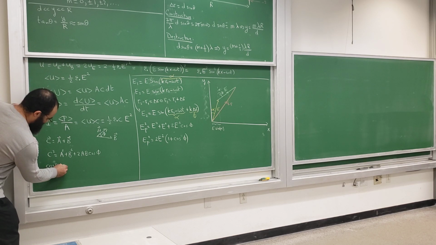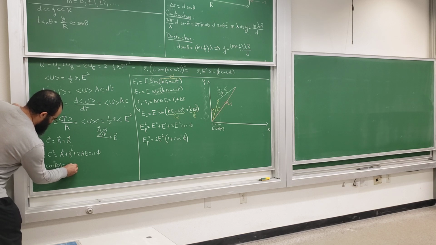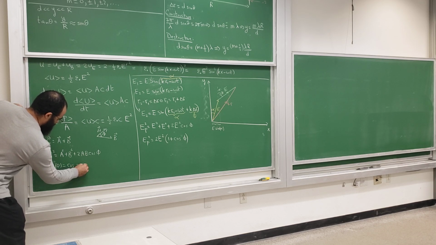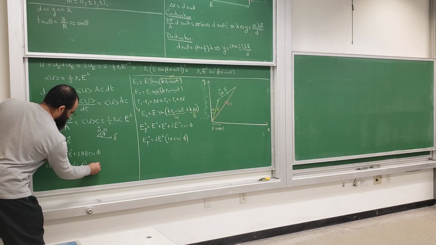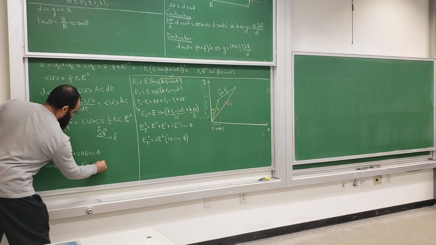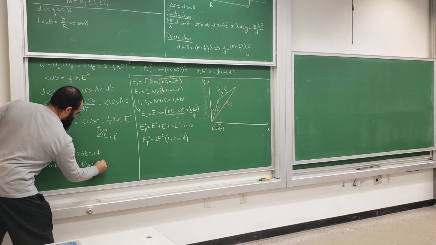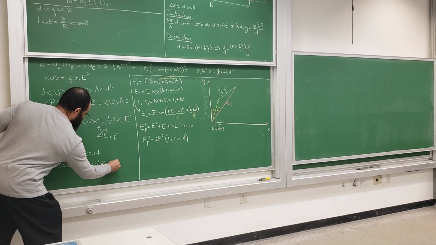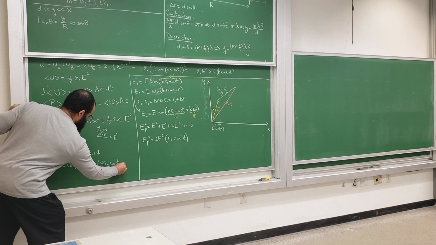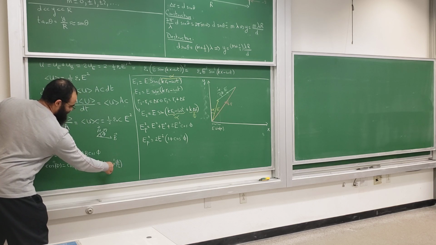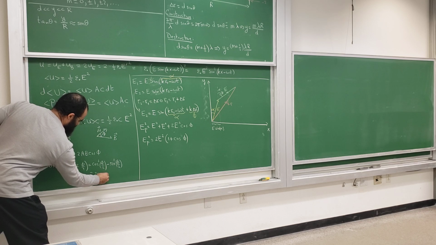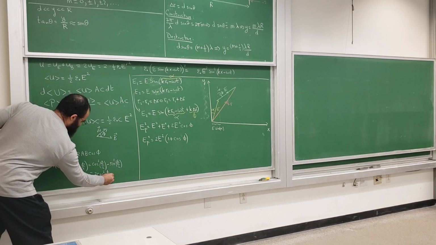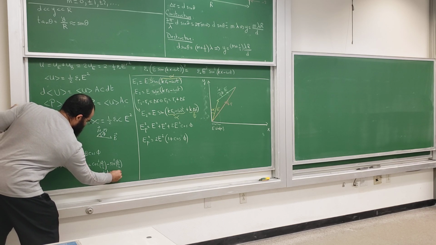So, and then we said cosine phi is the same as cosine of 2 times phi over 2. So the cosine of twice the angle, and then you can use the double angle formula, which would say cosine squared of phi over 2 minus the sine squared of phi over 2, and then sine squared is 1 minus cosine squared, so this ends up being twice cosine squared of phi over 2 minus 1.